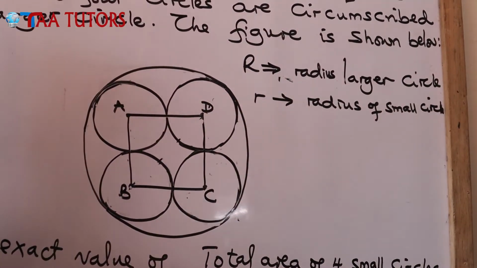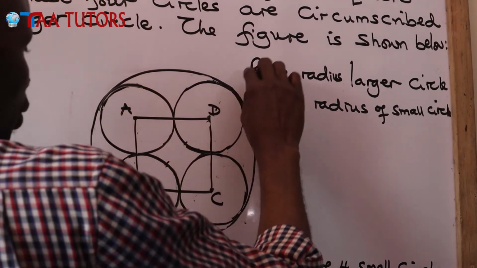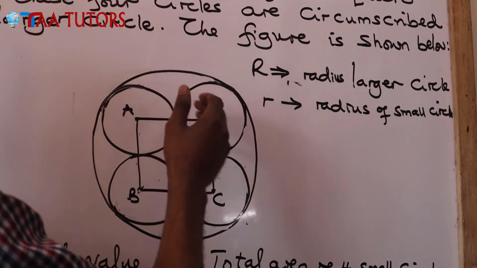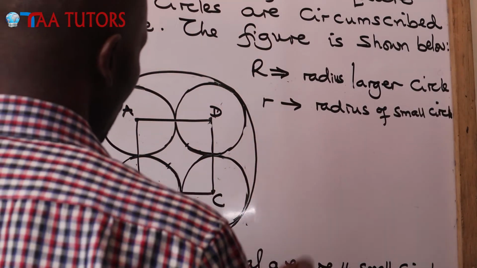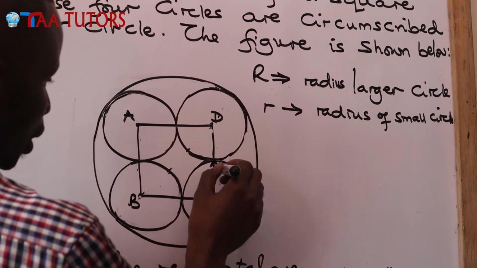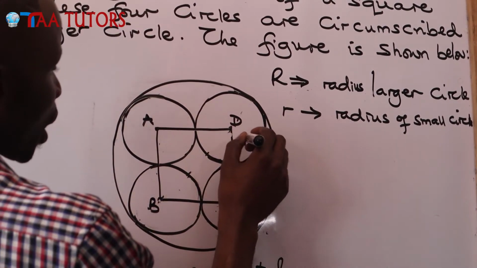So capital R is the radius of the larger circle, which should come from here, passing through the diagonal of the square up to the other part of the circumference. Then r is the radius of the smaller circle, which is the same as this length. This length here is the same as r. This one also is the same as r.